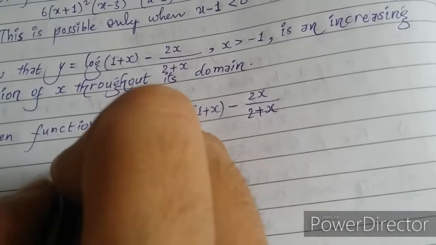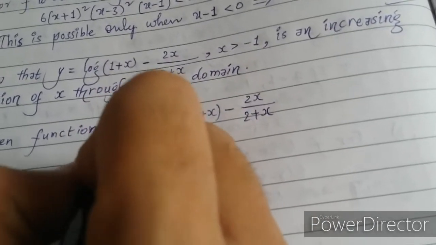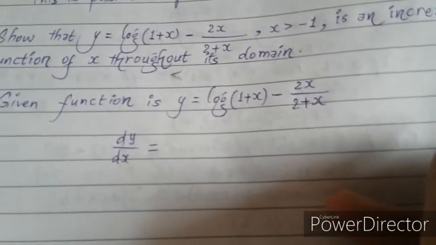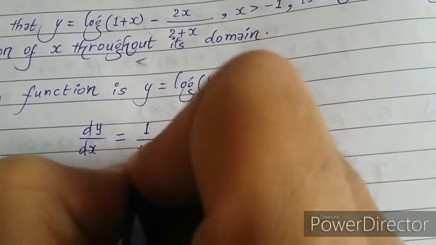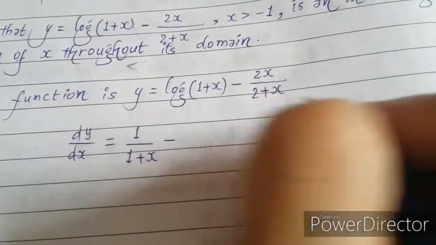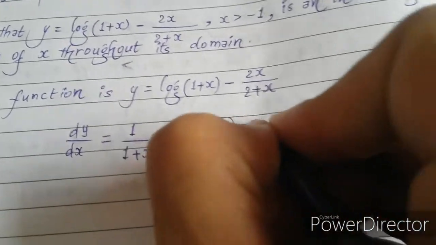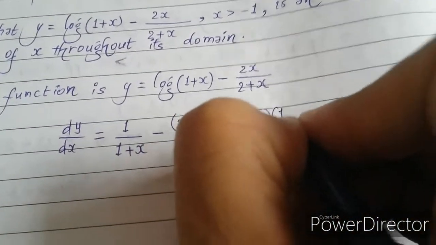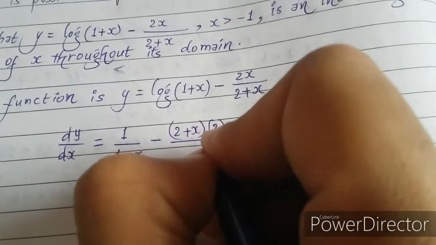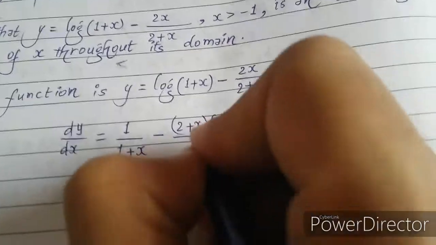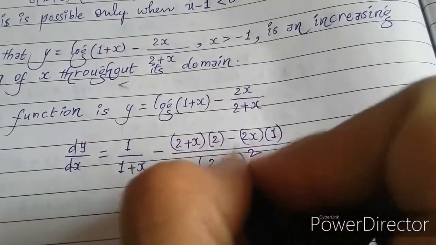Differentiating on both sides with respect to x, we have d by dx of y is equal to log of 1 plus x, derivative is 1 by 1 plus x, minus u by v form: denominator into numerator derivative minus numerator into denominator derivative by denominator square, that is, v into u dash minus u into v dash by v square, with this 2 plus x whole square.